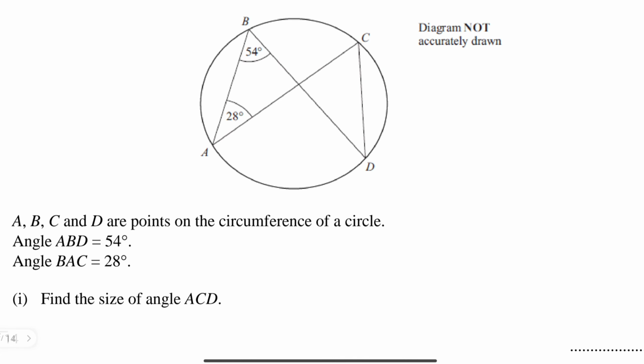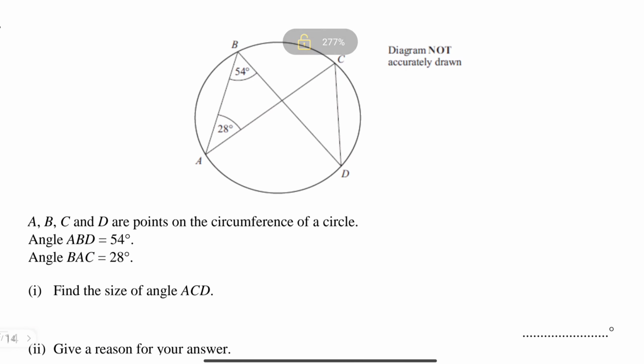Triangle ABCD. Points A, B, C and D are on the circumference of a circle. Angle ABD is 54 degrees, as we can see, and BAC is 28 degrees. So find the size of angle ACD.